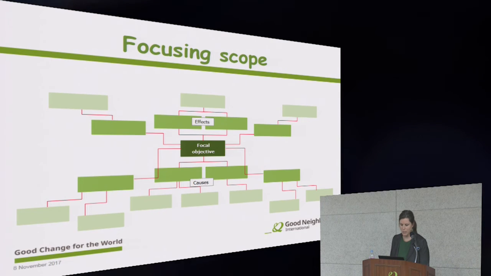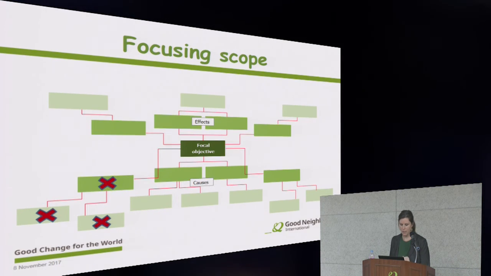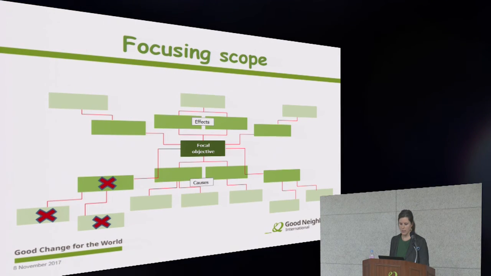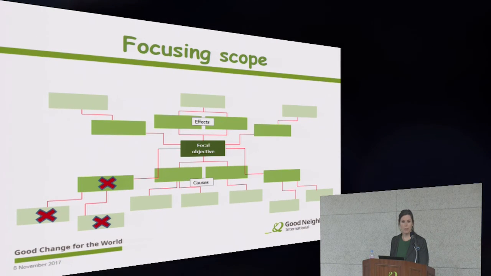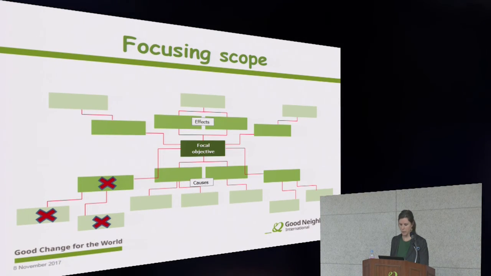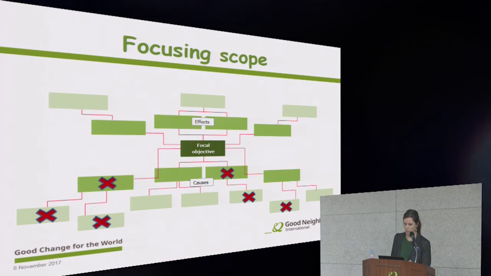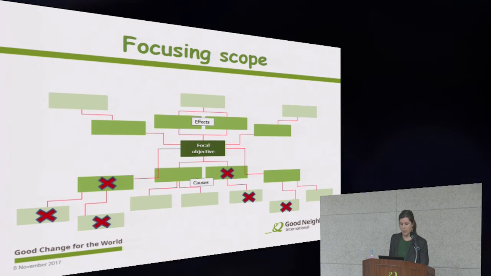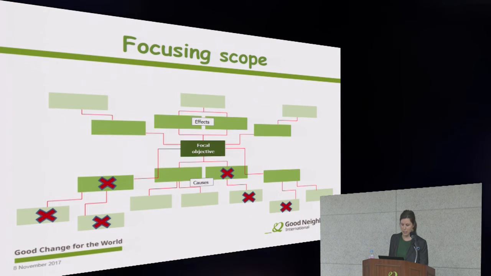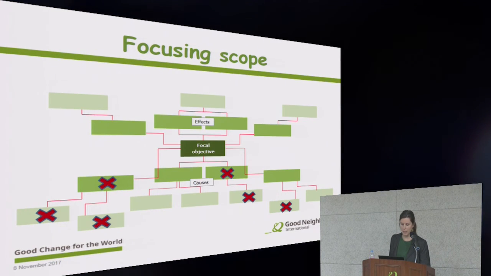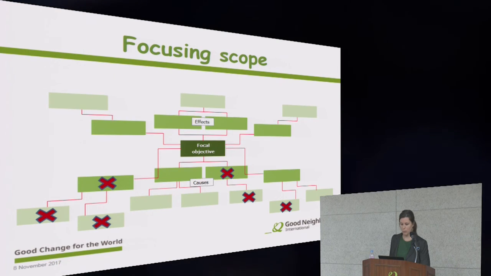Your team might determine, for example, that this problem is not among community's top priorities, so you will get rid of that part of the problem tree or objectives tree. And maybe this objective and problem is a priority, but your team understands that it's not feasible for you guys to make any change within the amount of time and the resources that you have. So you'll remove that.